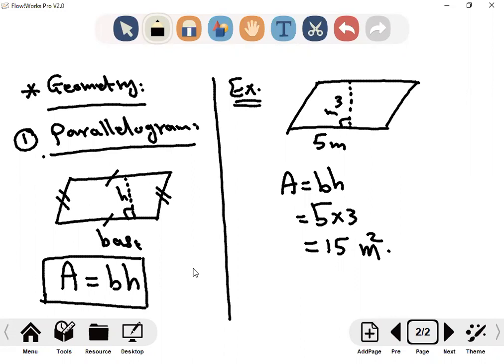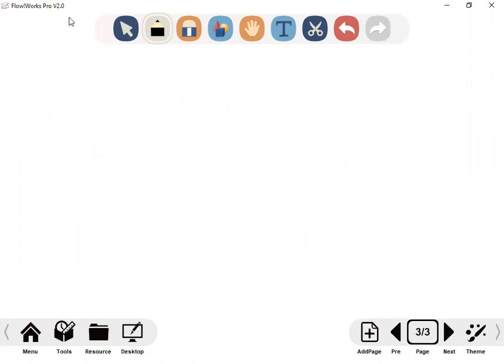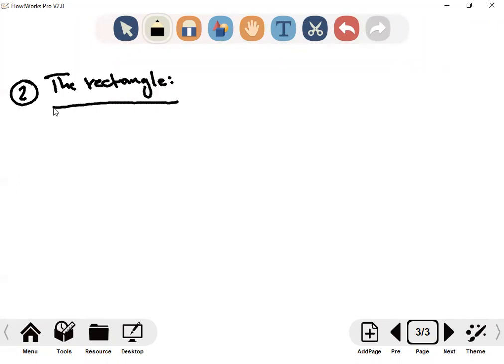Okay, the second one, guys, now. Guys, later on, if you miswrite something, I will back here. Now, let's take the second figure, which is number 2, the rectangle.